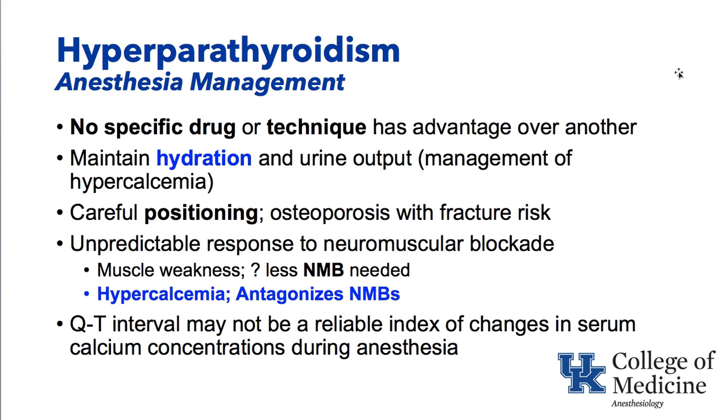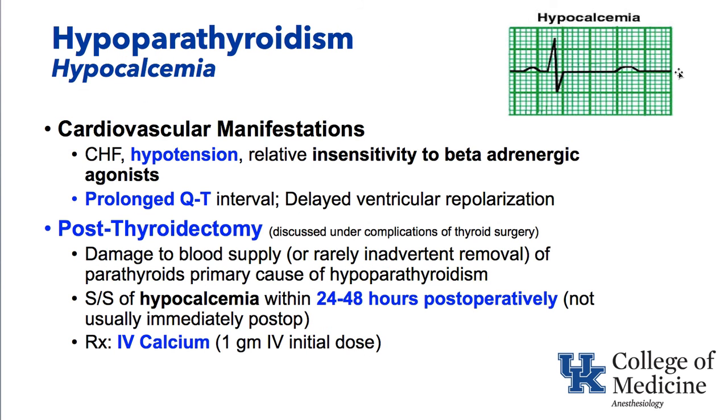So a patient with hyperparathyroidism and hypercalcemia may require higher doses of neuromuscular blocking agent. The QT interval, which we've talked about being decreased in the patient with a high calcium level, may not be a reliable index of changes in serum calcium, so you need to measure ionized calcium levels as you treat the patient, for example, with Lasix diuresis.